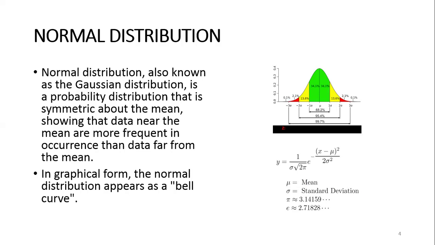These are properties of normal distribution. Between -2 standard deviation and +2 standard deviation covers about 95.4% of the entire data. Then between -3 standard deviation and 3 standard deviation encompasses 99.7% of the data distribution. So these are unique properties of the normal distribution.